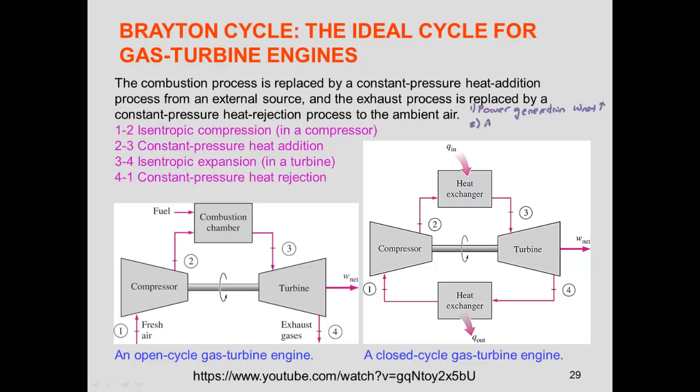And the second is aircraft engine, in which I will try to have the thrust high. So pretty much part of the work of the turbine will go to the compressor, and for the rest of the air, what I would like to value is the exit velocity.